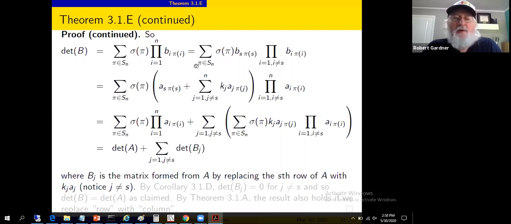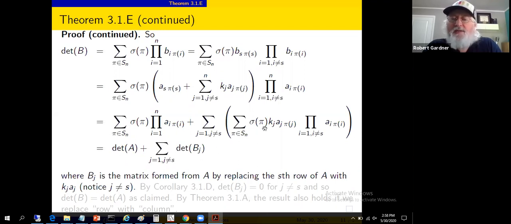Let's interchange the row on those summations. We'll have a sigma of pi, right, times this stuff, right, times this product, right. So we've done the distribution, broke it into two sums. All right, you like the looks of this. That's just a determinant of matrix A. Okay, we're trying to show determinant of B equals a determinant of A. But we got a bunch of other stuff sitting over here.